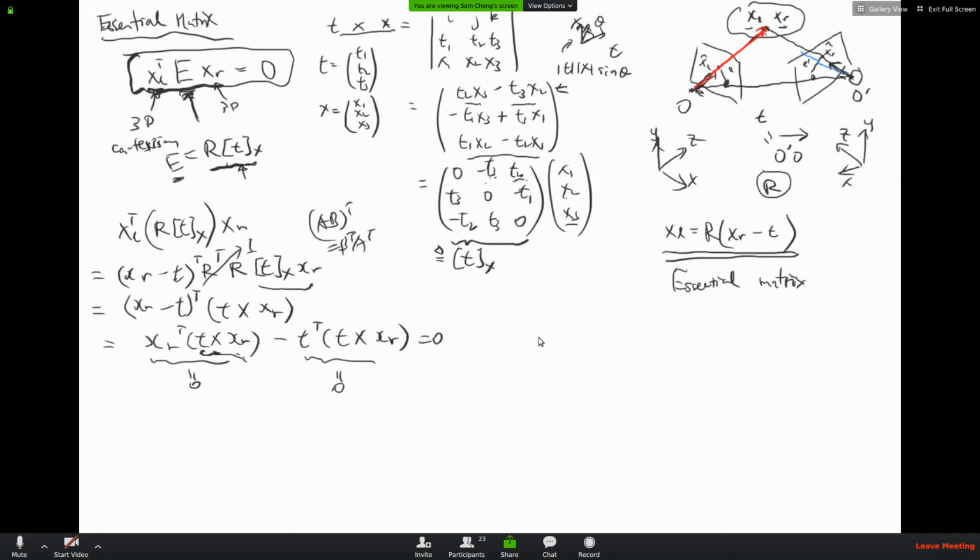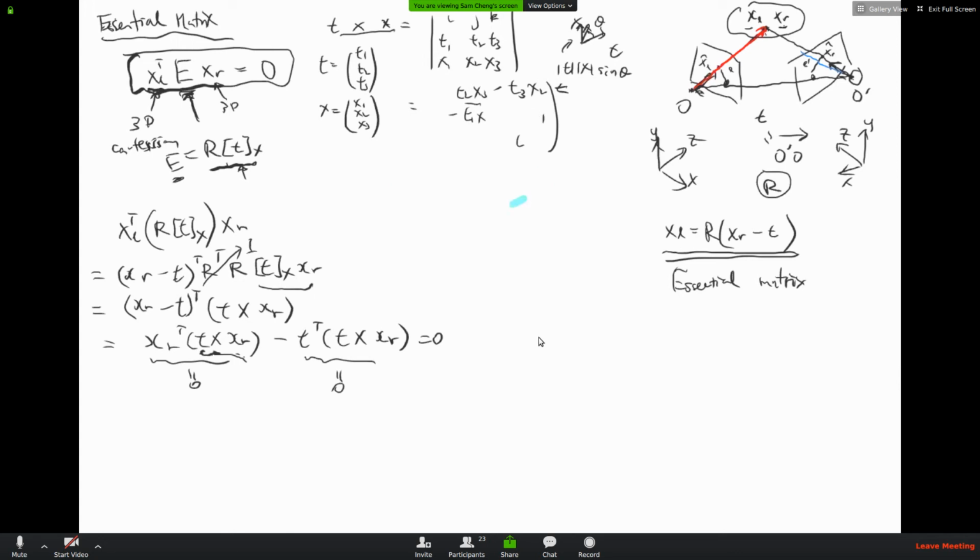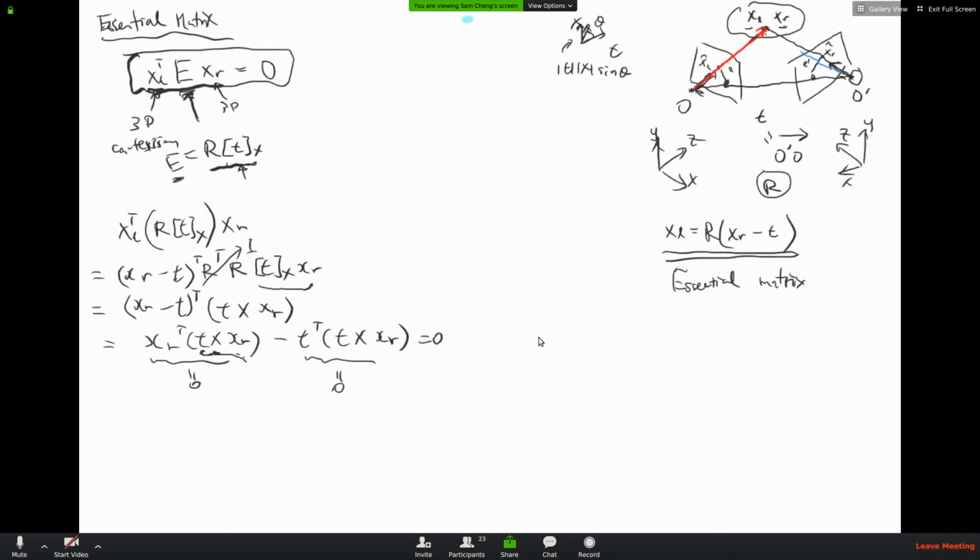So let's also look at one more property for this essential matrix. Let me erase something, maybe I erase here. Let's say I have some point here in the middle of the baseline.